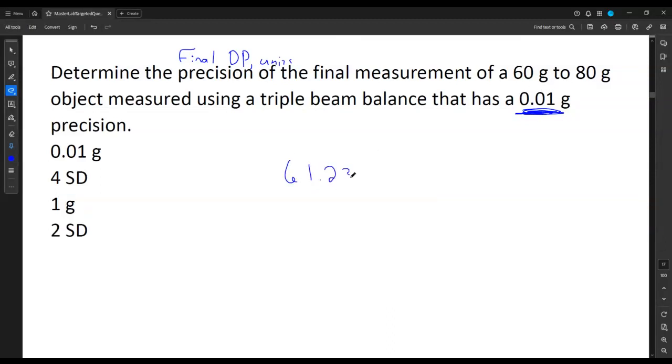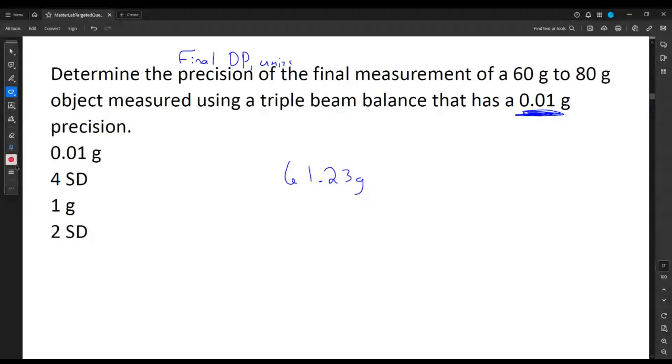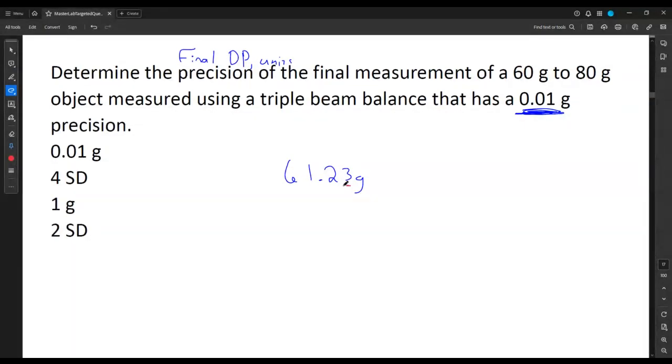Let's say we've got 61.23 grams is our measurement we're talking about here. Then the placement of the last significant digit and the units are going to be the same for anything measured on whatever this device is. So same for all objects.